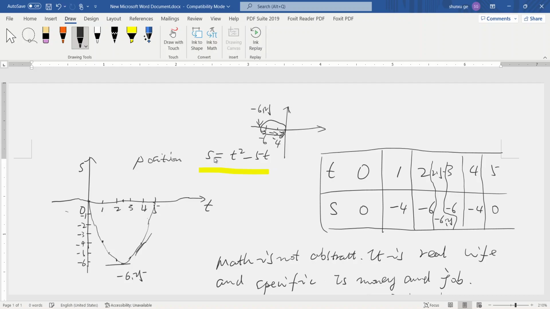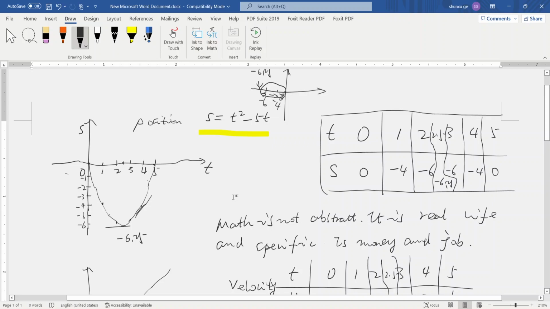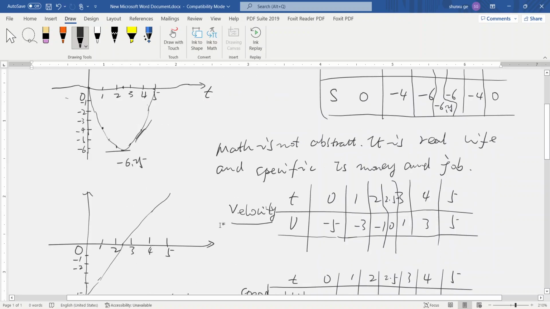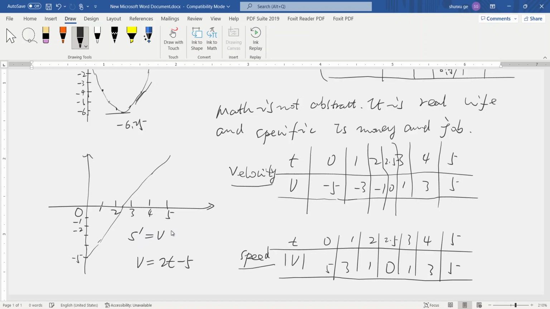The derivative is the slope, the tangent. So when we take the derivative of s, it's equal to v, it's equal to velocity. Velocity is a vector. It's not a scalar. It's a vector.